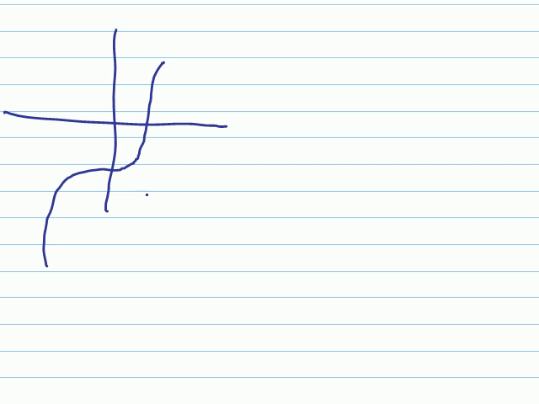Okay, on this one, what we're looking at is, say we had a graph that started down here. Let's say this point right here, I'm just showing you the point, is (0, -4). Okay?